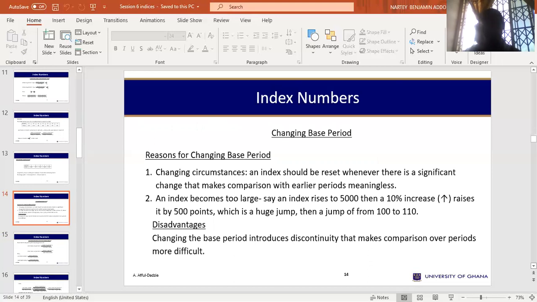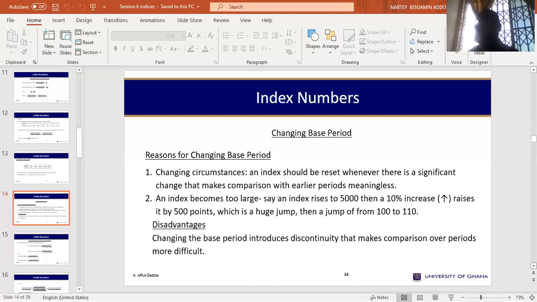If, for example, the change is large relative to a very small one, then we need to reset it. So an index becomes too large. Say an index rises to 5,000, then a 10% increase will be what? 500 points. Okay, which is a huge jump.